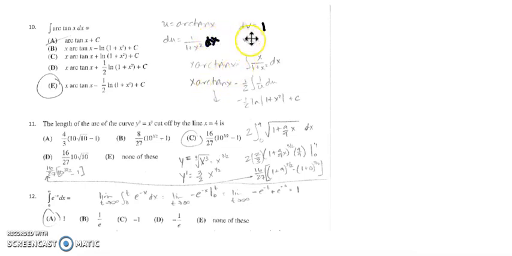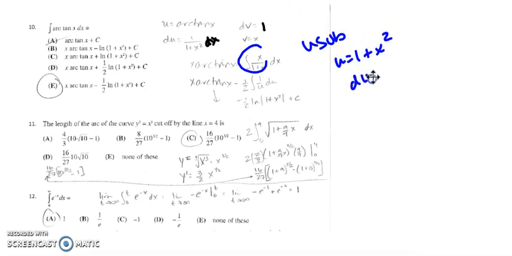So when I do uv, I get x times the arctan of x, that's here, minus the integral of v du, so x over 1 plus x squared. This integral becomes a u sub problem with u equal to what's in the denominator, u equals 1 plus x squared, and du equals 2x dx.